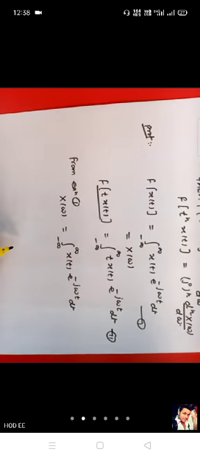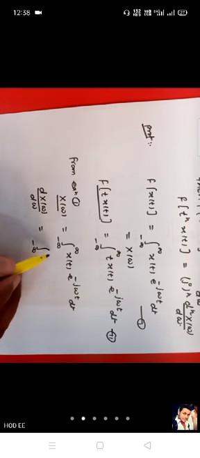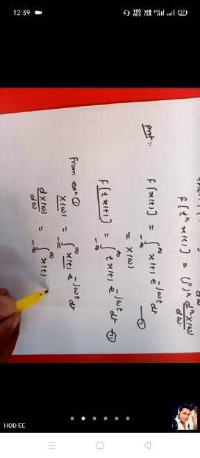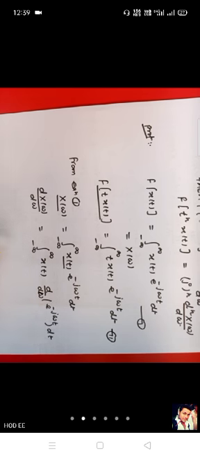ये लिख सकते हैं. We have, take the differentiation of x omega with respect to omega is equal to minus infinity to plus infinity. xt is constant with respect to omega, so xt d upon d omega of e raised to the power minus j omega t, sorry, this is d omega and this is dt.